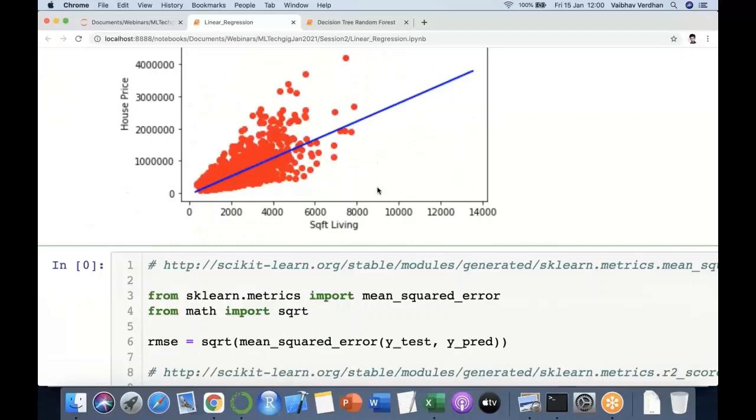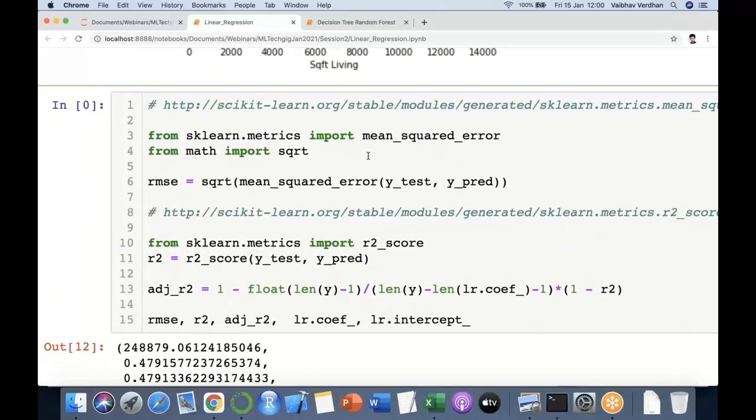If I want to calculate the mean squared error, again from scikit-learn, the scikit-learn library is one of those libraries which is omnipresent. You will be using scikit-learn for most of your purposes, for creation of the models, for measuring the performance of the models, all of that.